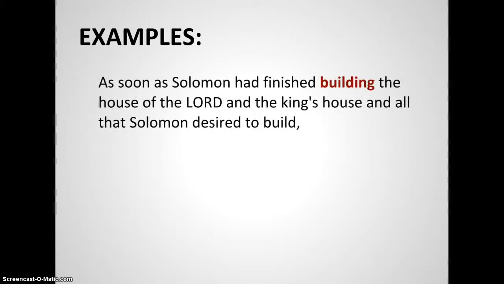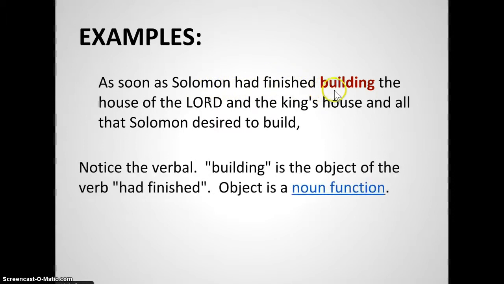So if we look at some examples here, here's Solomon, and you'll notice that Solomon is a noun governing this verb right here. Solomon, subject, had finished the verb. Now if I ask myself, Solomon had finished what? Then I realize that building the house of the Lord is the gerund phrase. It's called a gerund phrase because it begins with a gerund.